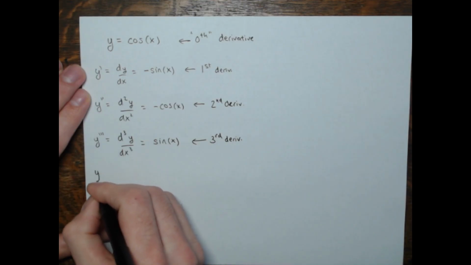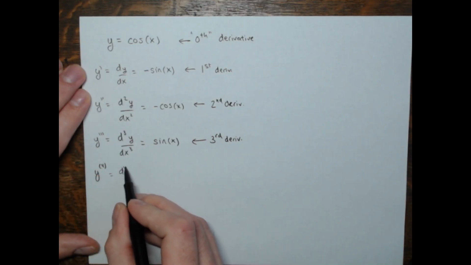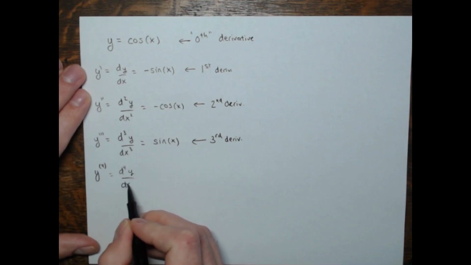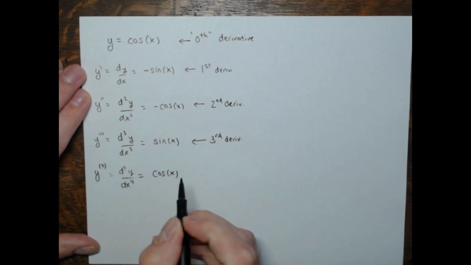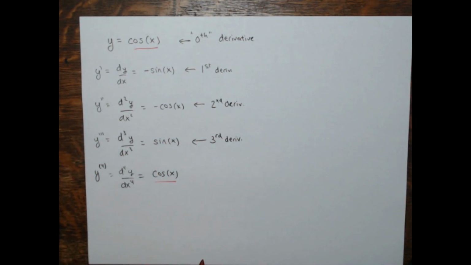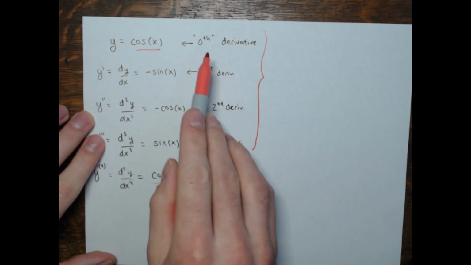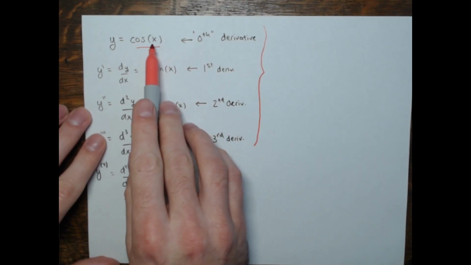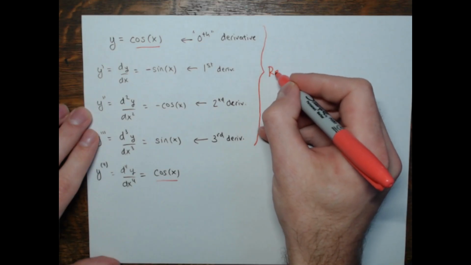Then finally here, the fourth derivative, y4 here, or d4y over dx4. Derivative of sine is cosine again. So you see how I've started over? Cosine here, and that's what I started with. So once again, these first four, from the zeroth derivative up to the third derivative, keep repeating.